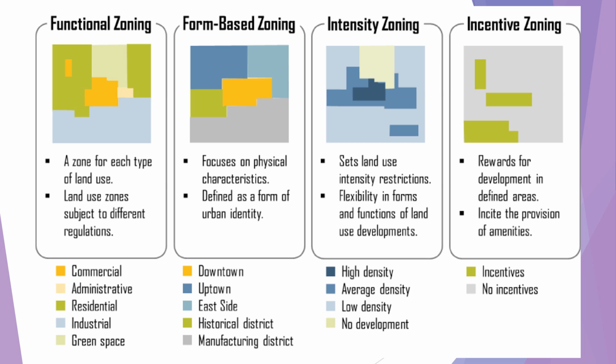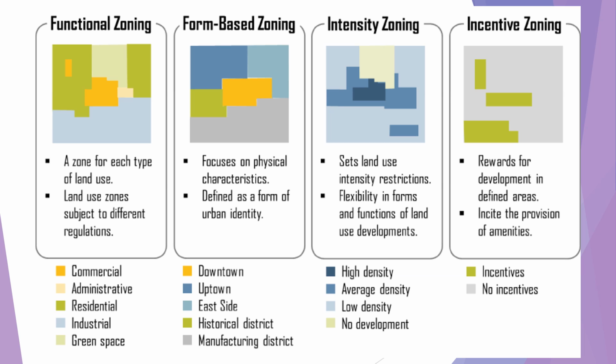This is about zoning that doesn't necessarily have to be organised by function. So there are different ways of doing this. On the left is the system that we're used to, where you've got commercial, administrative, general residential, industrial, light industrial, heavy industrial, green space.